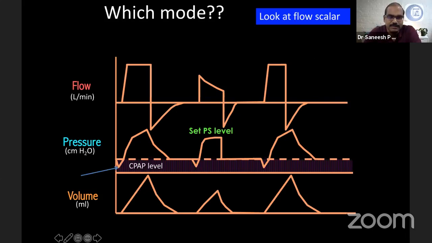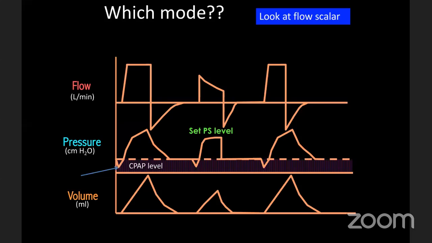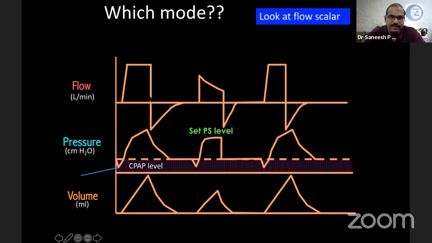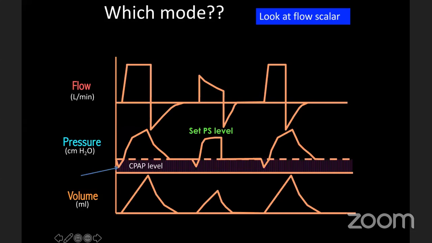There is pressure versus time, flow versus time, and volume versus time. Sir, in the first, flow versus time, we can find out the mode. The first one is the volume control mode, sir, because it is square in shape.